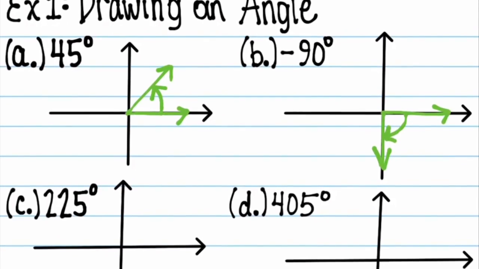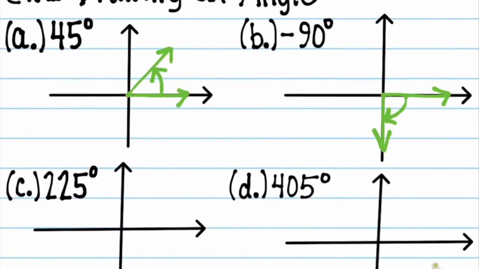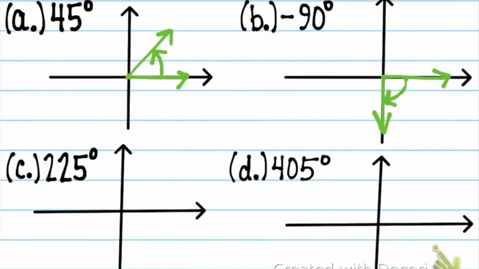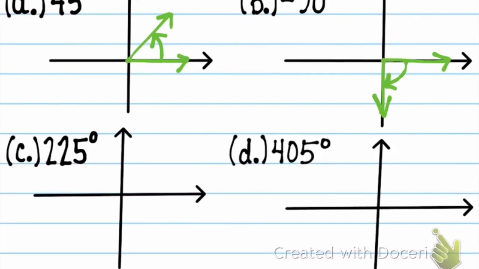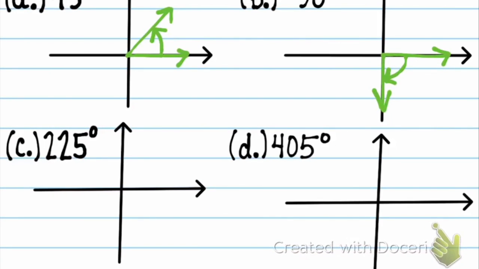In geometry, you learned about an angle called a straight angle. A straight angle is 180 degrees. We can look at the x-axis as a straight angle. With the initial side on the positive x-axis, we'll use up 180 degrees to get to the negative x-axis.